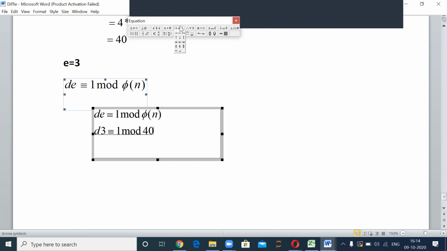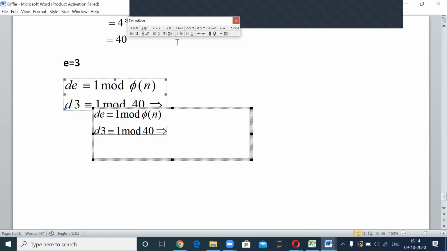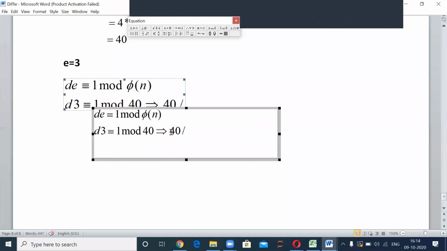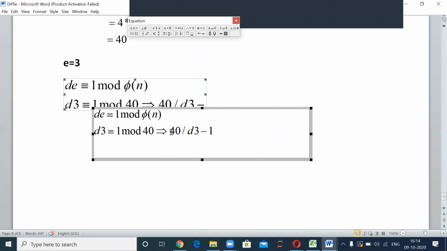Now, in the morning I said that a congruent to b mod c can be written as c divides a minus b. Here c is 40, which divides a minus b.